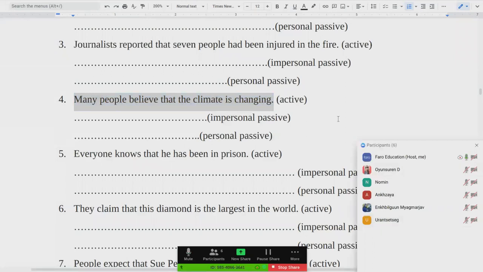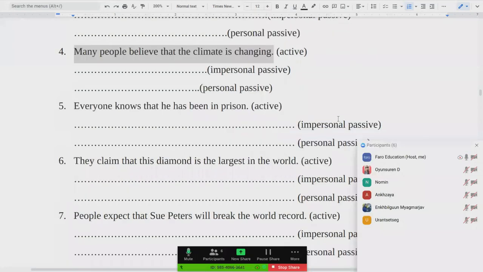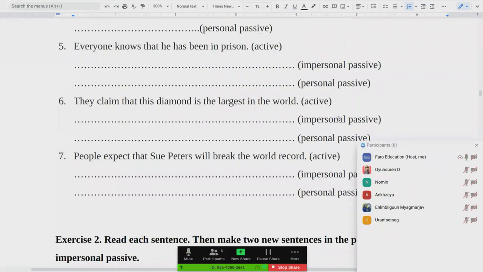Number 5. That he has been in prison. It is known that he has been in prison.